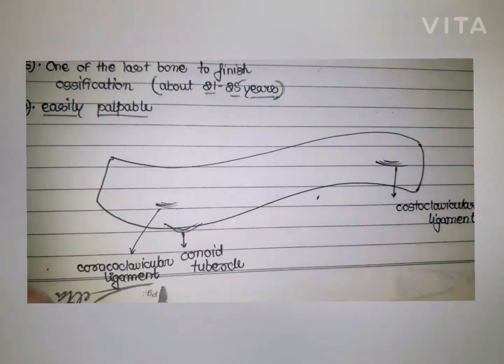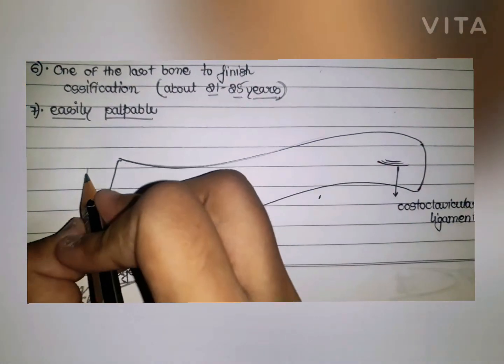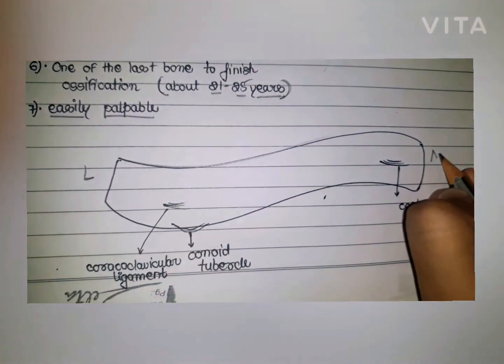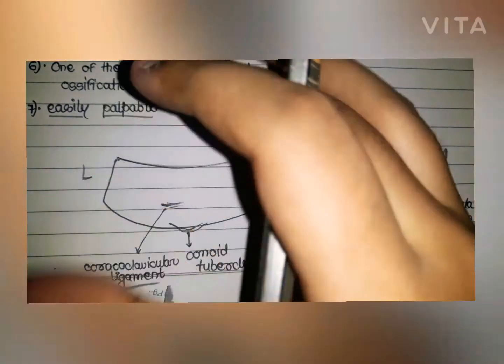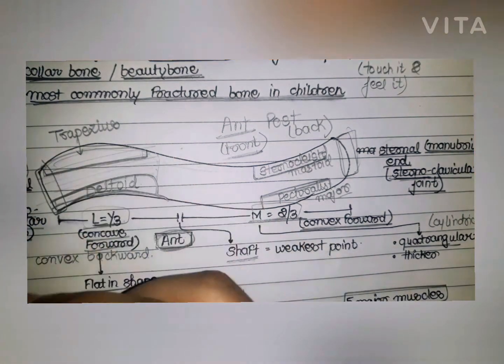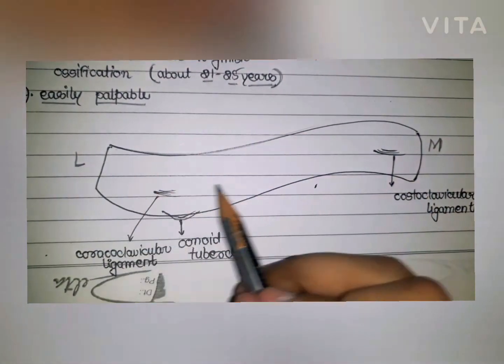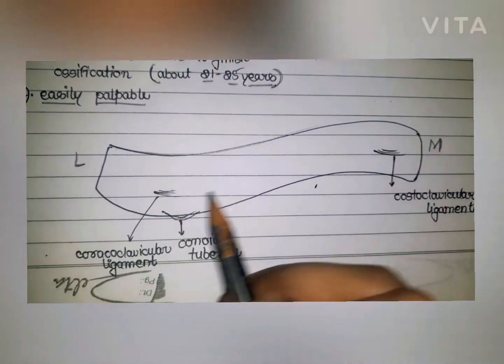All will get reversed. Now this is the lateral end, this is the medial end. Here in the anterior portion it is like this. Now in the posterior portion it is like this. Hope you get the difference.